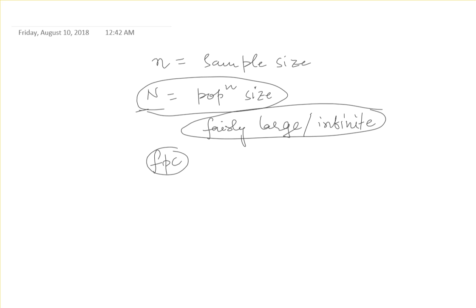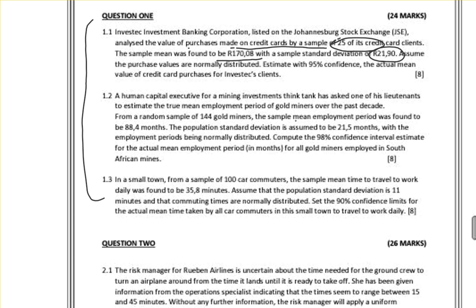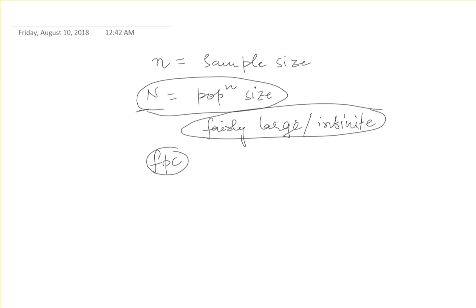As far as I have read the questions, all three parts of the first question, 1.1, 1.2, and 1.3, have n very large and FPC can be ignored.